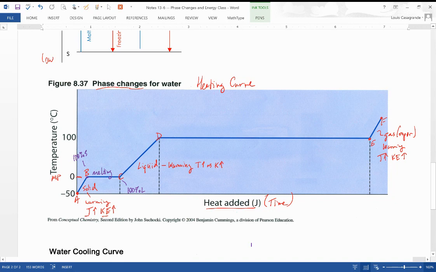And in between, we'd have a mixture of solid and liquid. So what's happening here is there's no temperature change. There's no delta T. If you don't have a temperature change, that means that the kinetic energy has to be constant. So if the kinetic energy is constant, what must be happening is that the potential energy is increasing. So we're having an increase in the potential energy as the particles, in this case the water molecules, move apart.